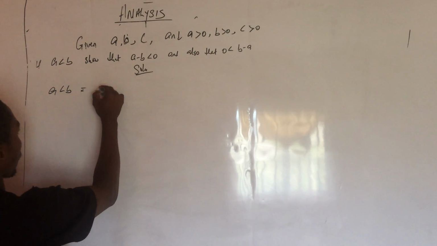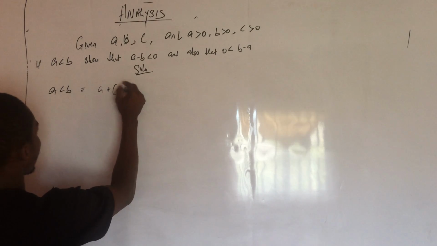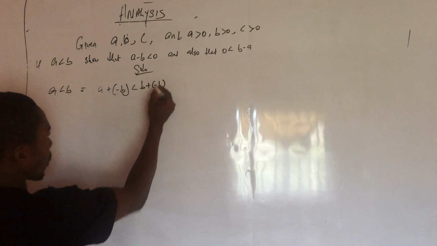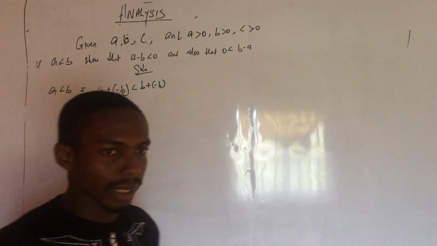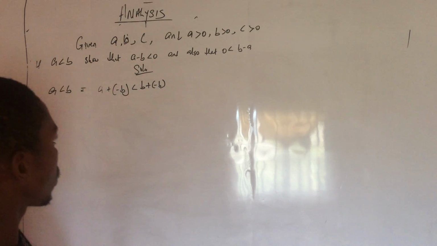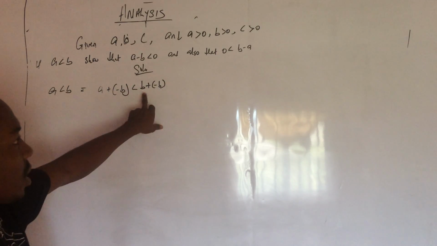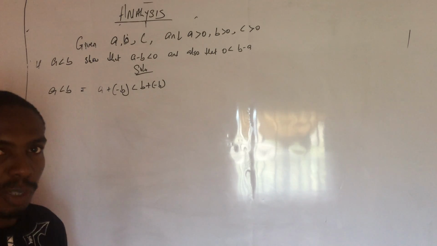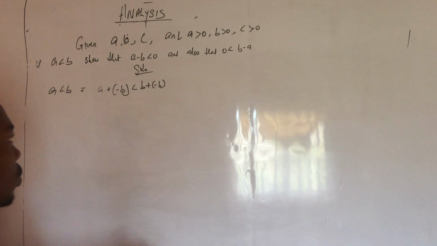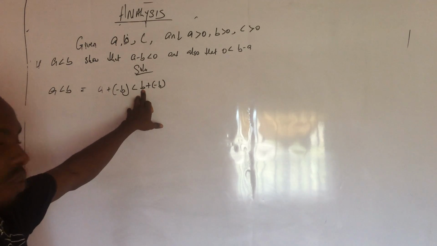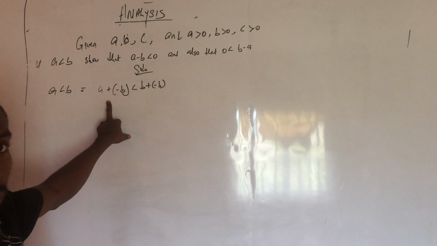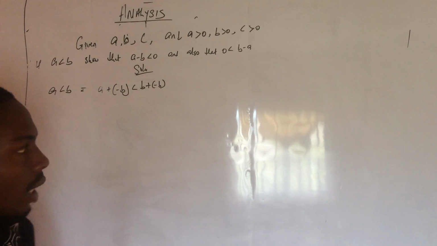We say A plus negative B is less than B plus negative B. We are adding the additive inverse of B. In algebra we have addition and multiplication. So the additive inverse of B is what we add to this, and we add it to both sides so as not to change anything.